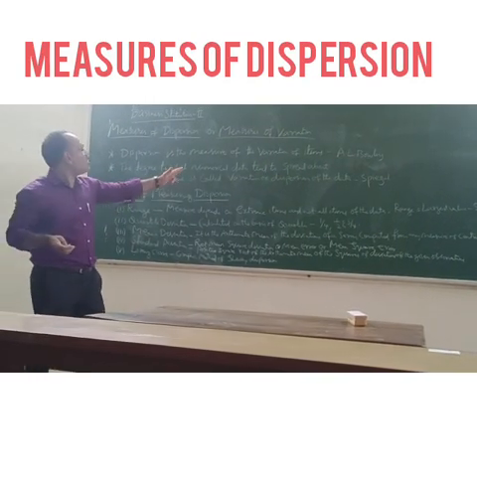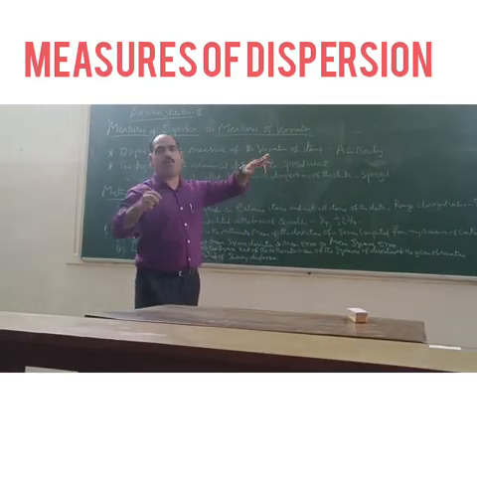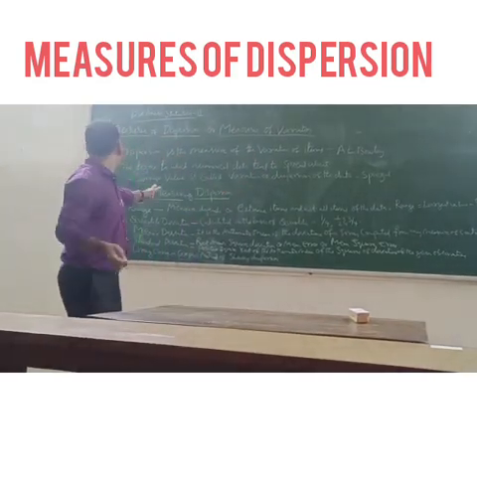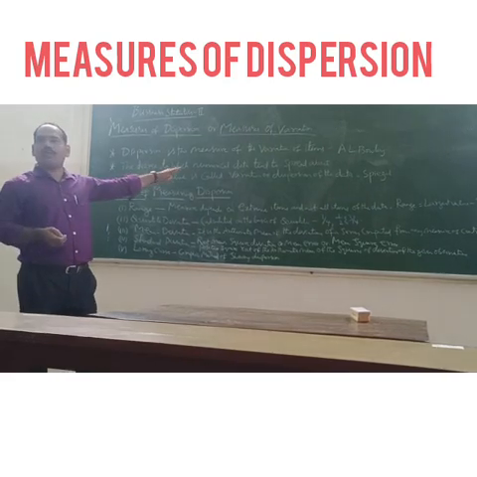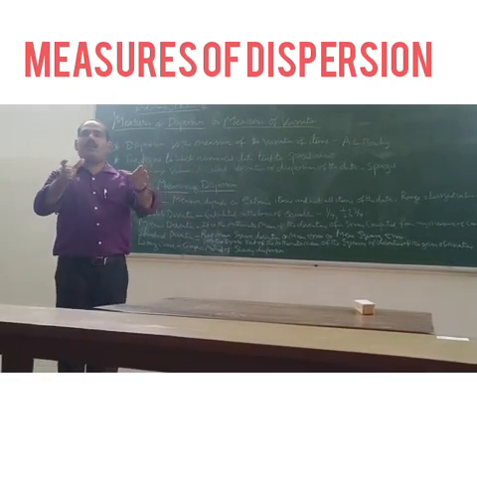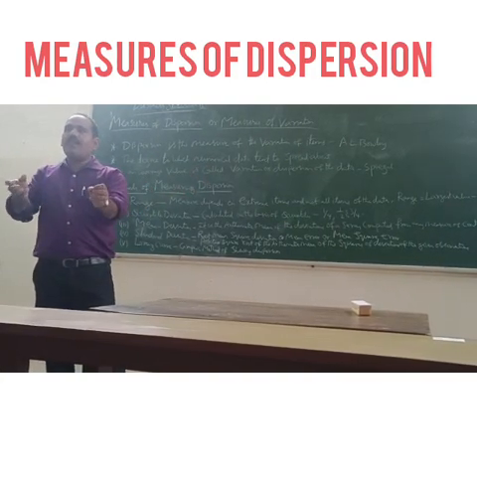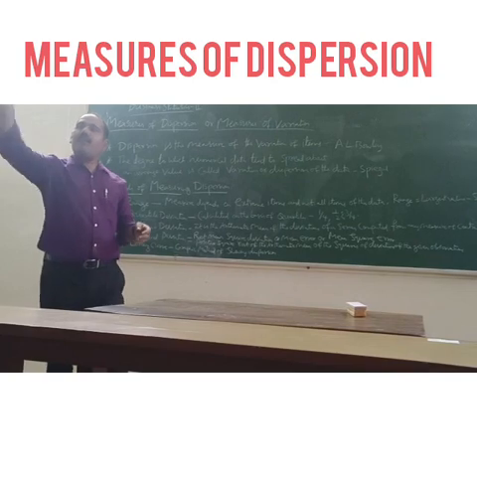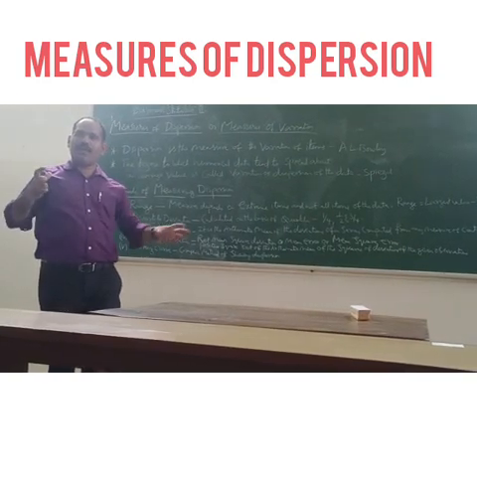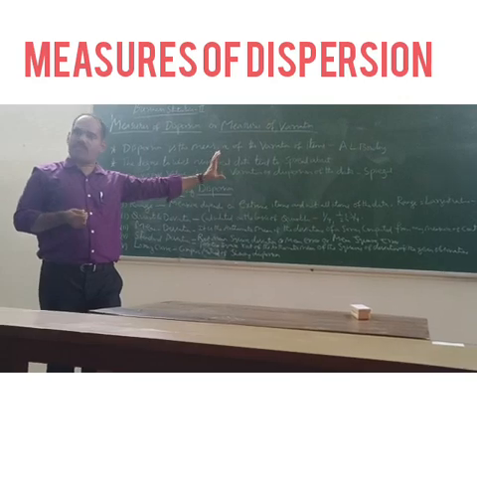The degree to which the numbers tend to spread about an average value is called variation. So we have the values, and how they are spreading from an average value is said to be variation, measures of variation or measures of dispersion.